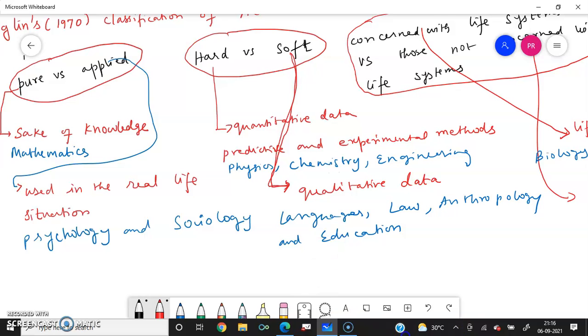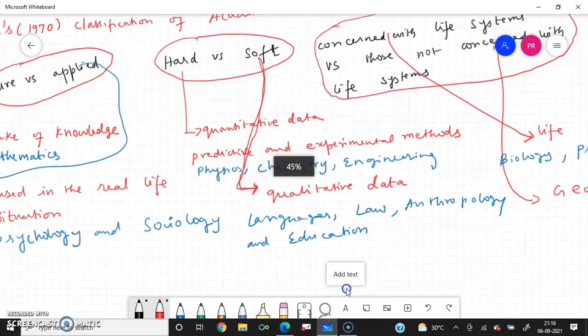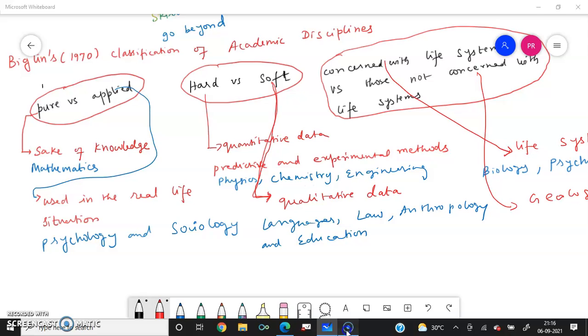From the notes you can see all this. There are certain questions in the notes, you can just go through them. What is interdisciplinary and multidisciplinary? We'll see in the next class.